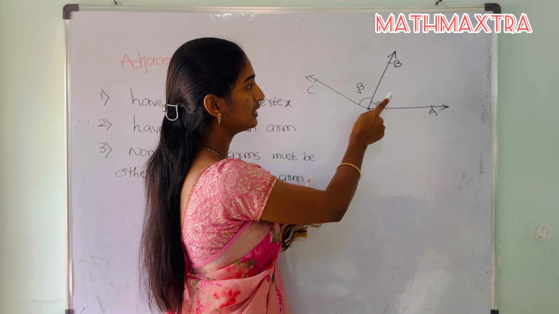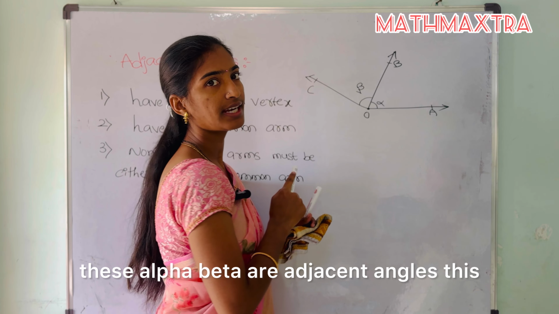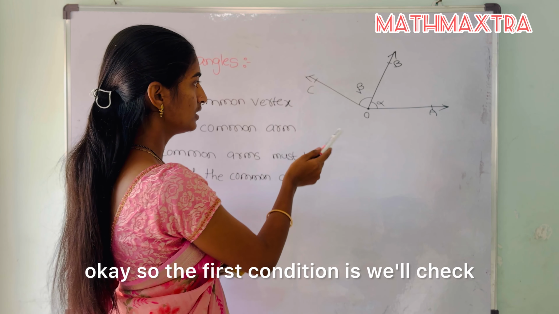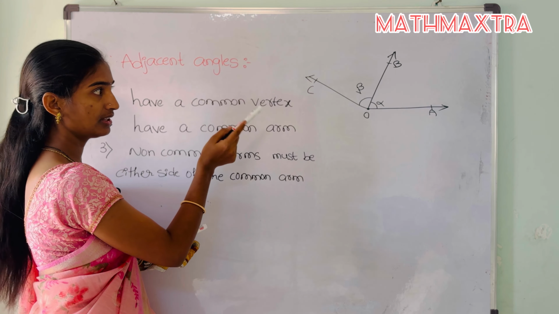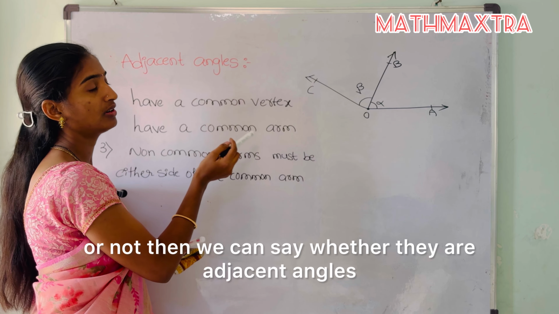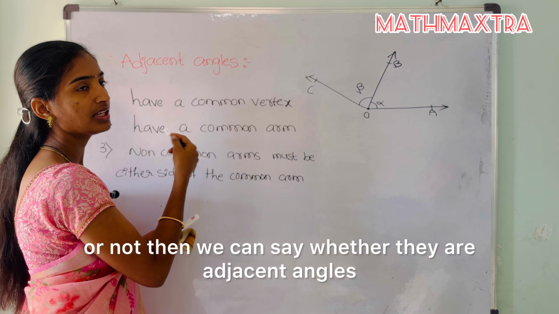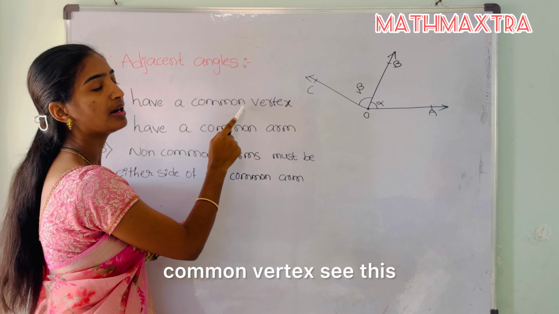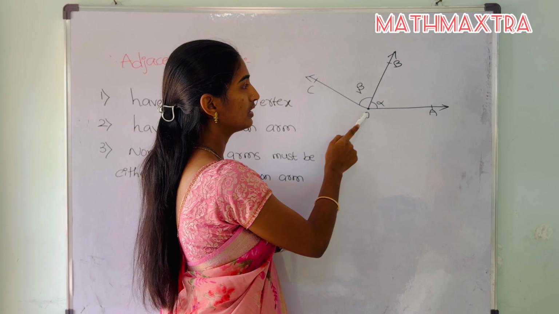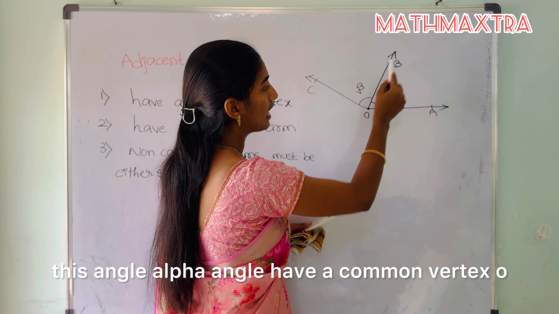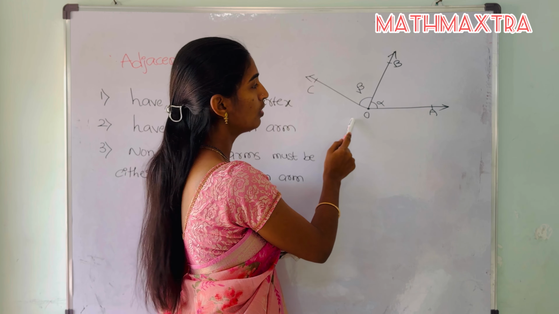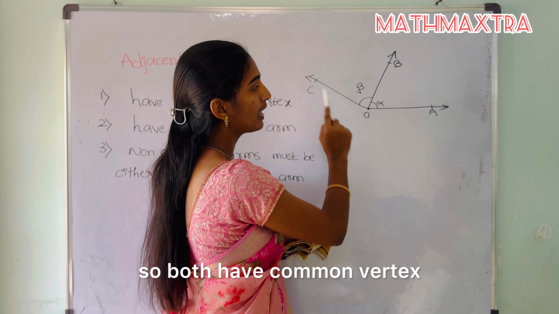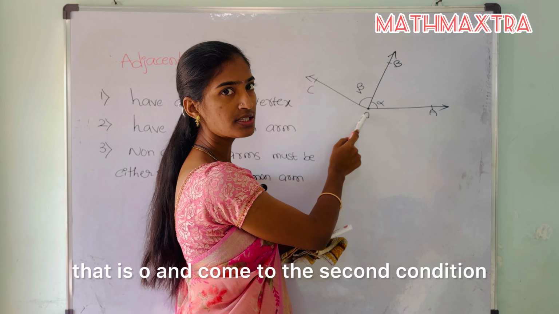In order to say these alpha and beta are adjacent angles, this figure must follow these three conditions. The first condition is a common vertex. The angle alpha has the vertex O, and the angle beta also has the vertex O. So both have a common vertex, that is O.